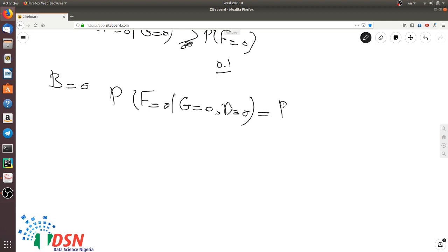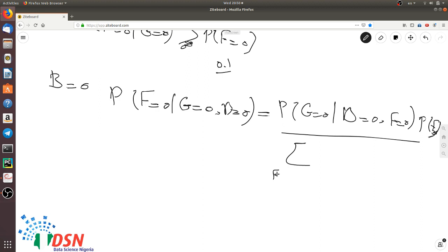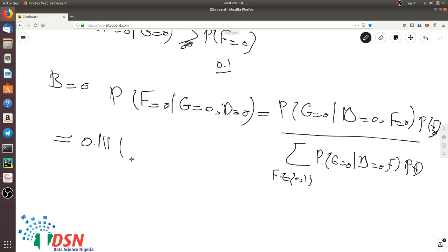If we write this, we could simplify this over P of G equals 0 conditioned on. So we will end up with approximately 11%.